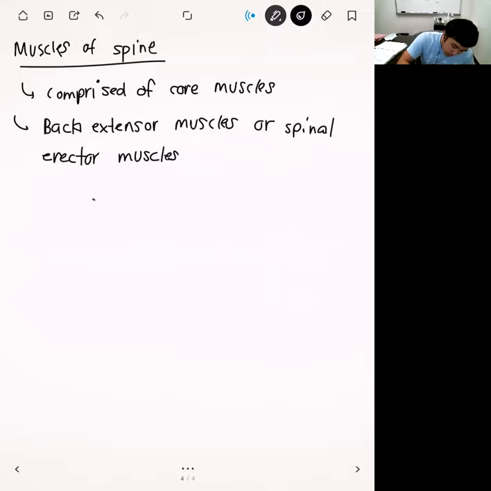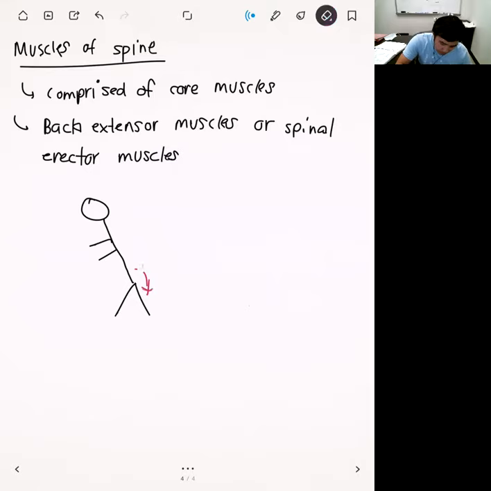If we can draw a stick figure, let me draw them slightly hunched over just to emphasize this. Your back extensor muscles are over here, and they're basically going to produce a moment around the hip joint going that way.